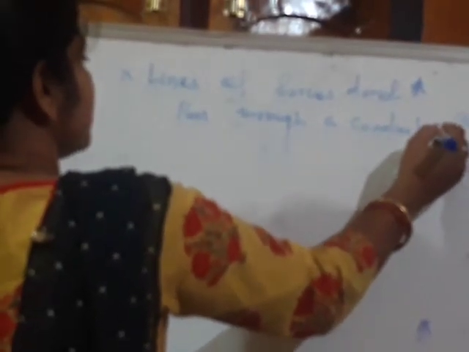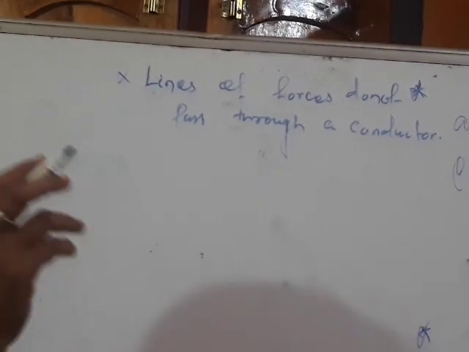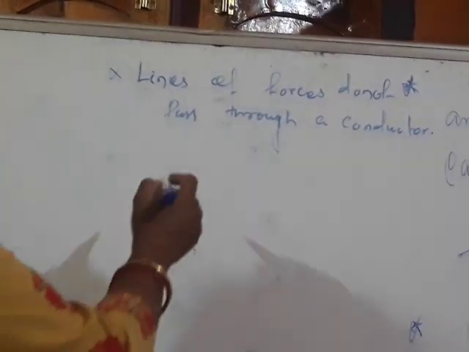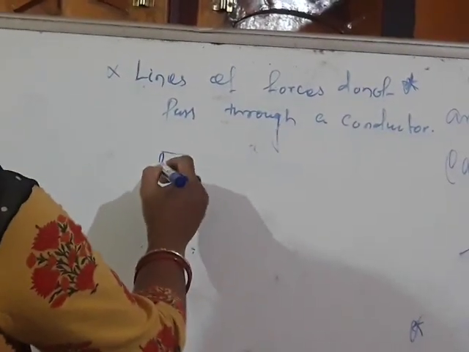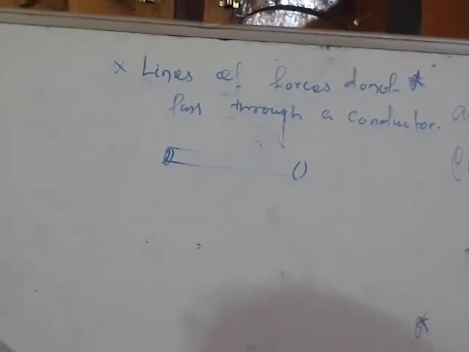Why will they not pass through a conductor? Because inside the conductor there is no electric field intensity. Since no electric field is there inside a conductor, lines of force cannot pass through the conductor.